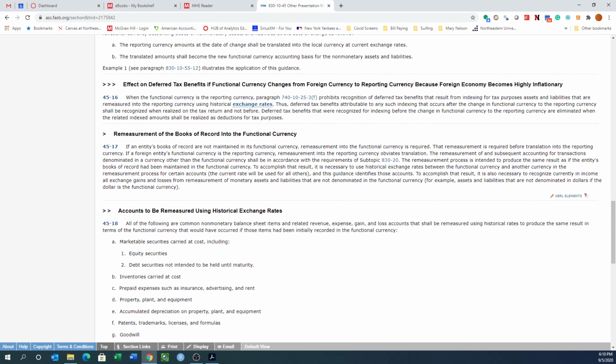So this is 830-10, 45-17. And what it says, in the very first line, is that if the entity's books of records are not recorded in the functional currency, you have to remeasure into the functional currency, right? Just like any of those transactions we were doing, if those transactions were not in the functional currency, they had to be remeasured into the functional currency.